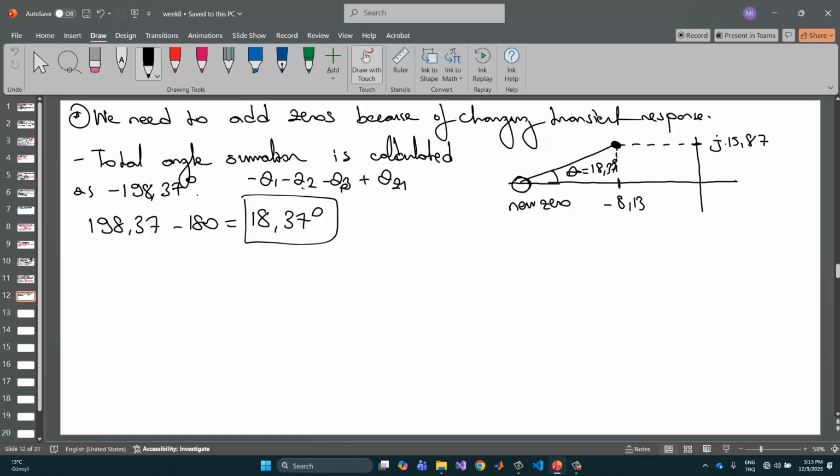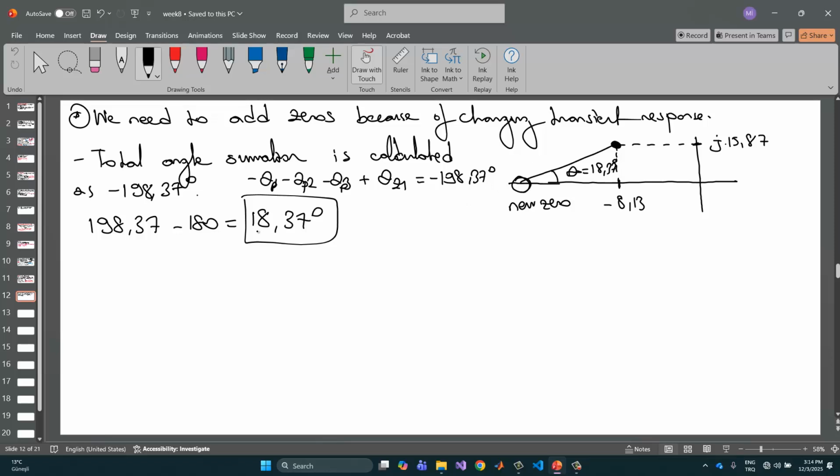This is the pole 1. This is Z1. And if we summate the whole equation, we will get 198.30 degrees in here for this pole location. And so how can we correct it?